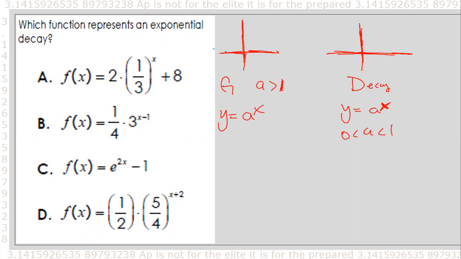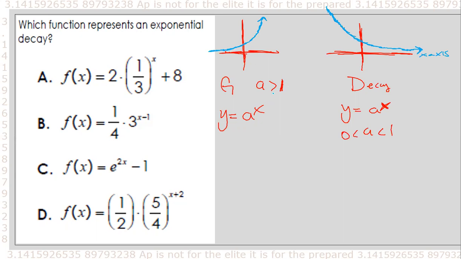When it is growth, it starts very, very close to the x-axis, and then it increases exponentially, right? Really, really fast. And then we have decay, that starts from very large values of y, and then decreases very, very close to my horizontal line, my x-axis. Okay, so we have something like so.